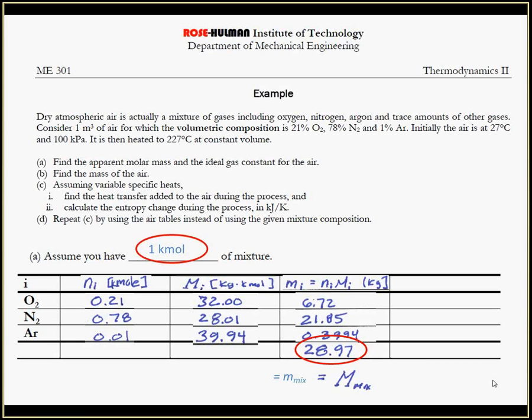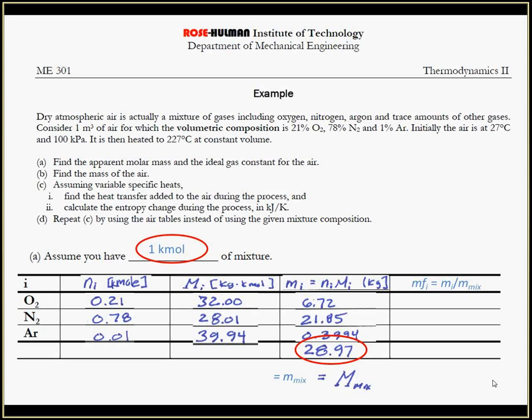Now, we don't actually need the mass fractions for the rest of this problem. But since we're almost there, let's spend just a few extra seconds reminding ourselves how to go all the way to the mass analysis. I could do that by taking the mass of each individual species and dividing by the mass of the mix.